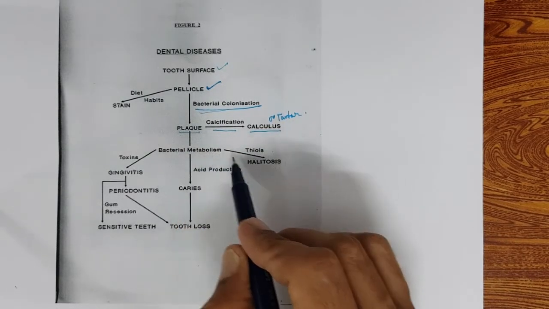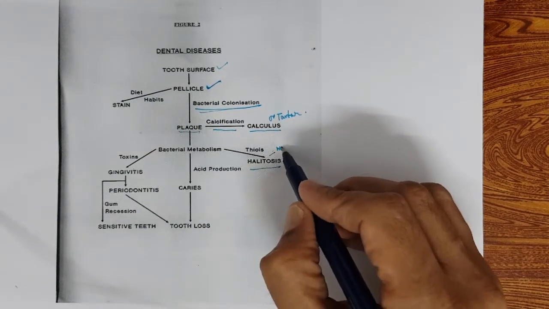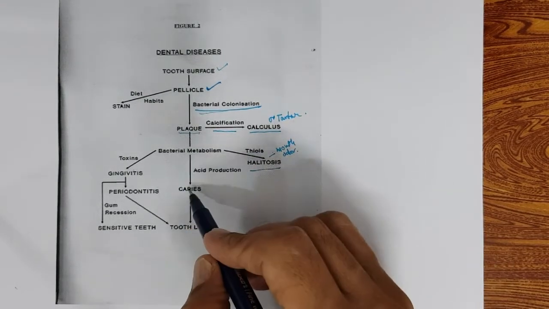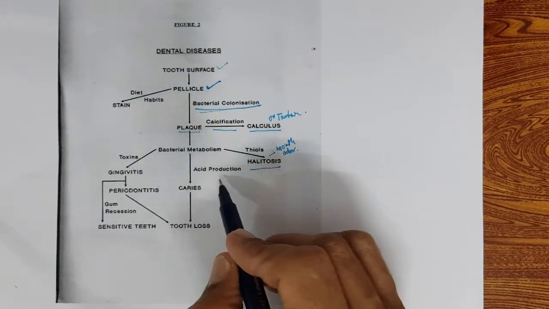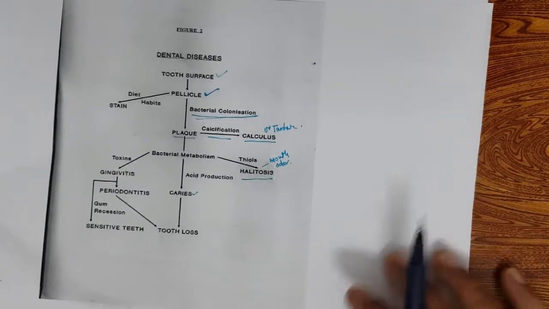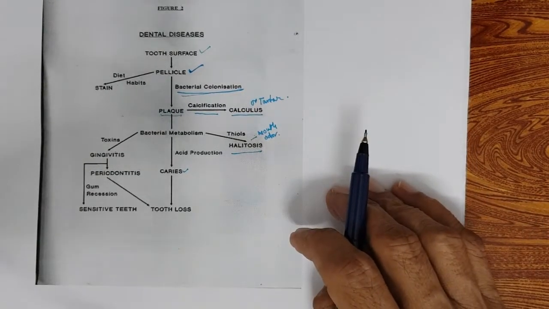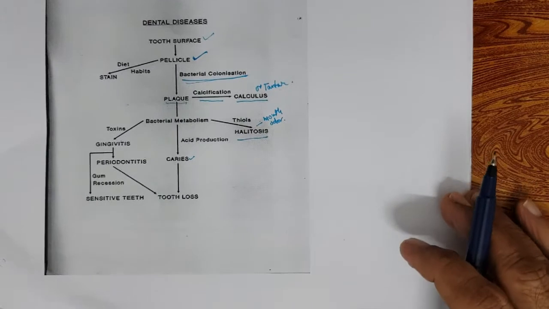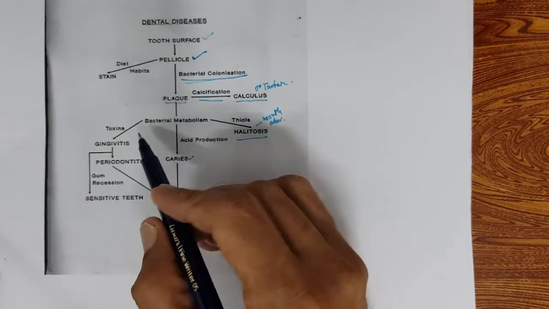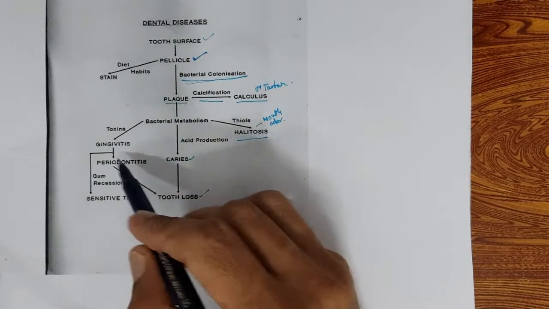Plaque bacterial metabolism liberates thiols, causing halitosis, mouth odor. Then acid production gives you caries, dental caries, cavities in the tooth, and then tooth loss. Bacterial metabolism can also create toxins.